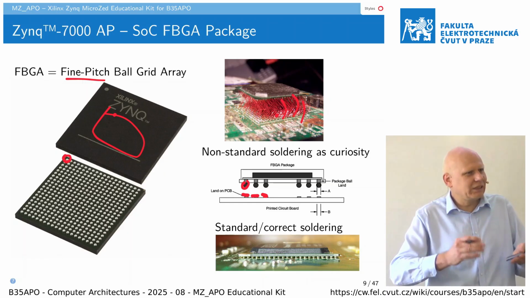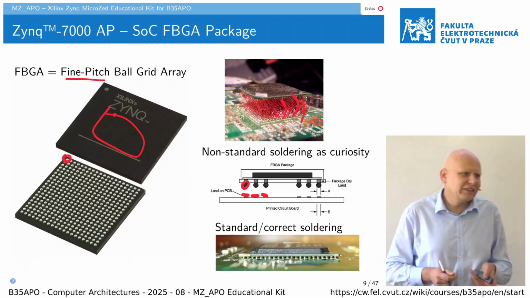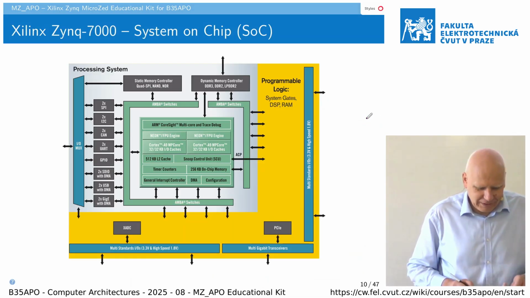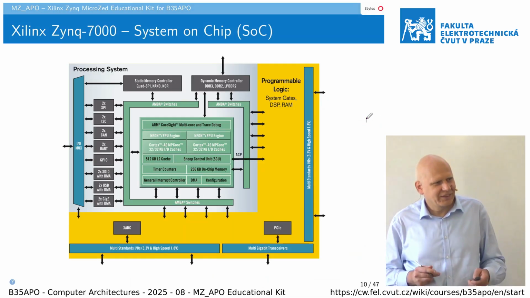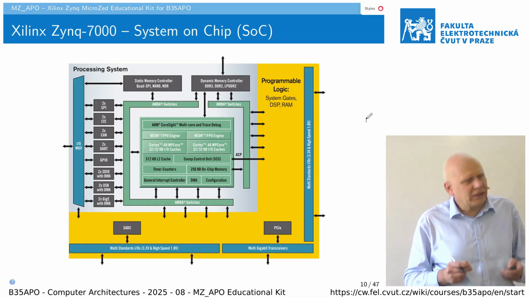And if you heat it, then the balls appear. So in theory it is very easy. In practice it is not so easy. I have also done it on a really small chip, not with so many pins, but it's not an easy job. And it is possible to try.